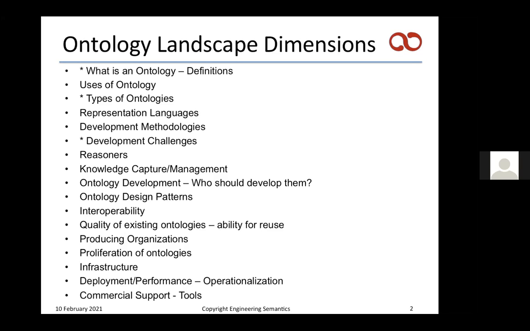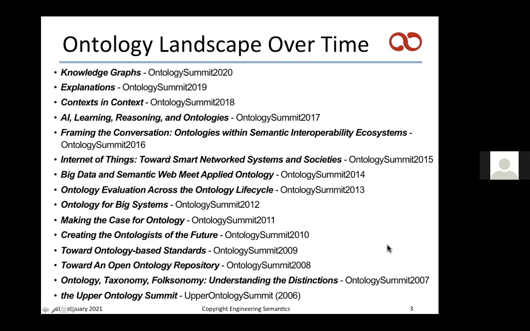So pressing on. Here's another view of what the ontology landscape is over time. And again, my perspective, and I believe these summit topics give some perspective of how that landscape or the perception of ontologies and their uses have evolved over time.